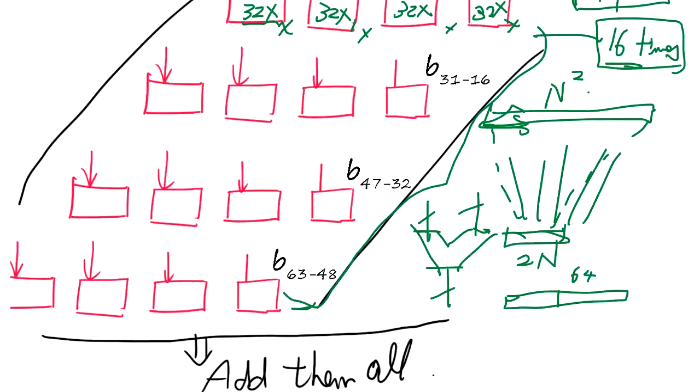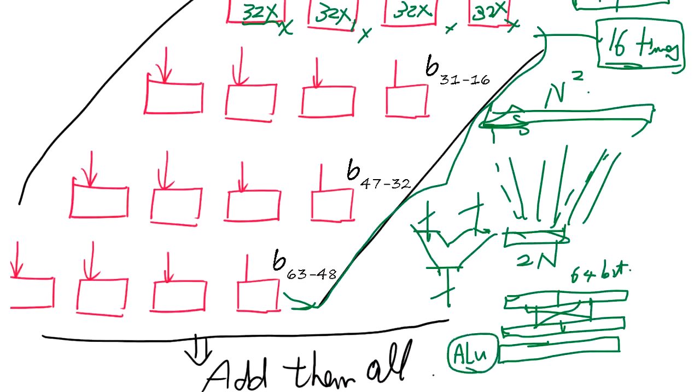With 64-bit, we divide into 32 each, multiply each part, and add them all, aligning and adding them all with the ALU. So if a 32-bit multiplication is slow, times 16 times plus the ALU delay, 64-bit multiplication is going to be so slow to perform in the ALU.